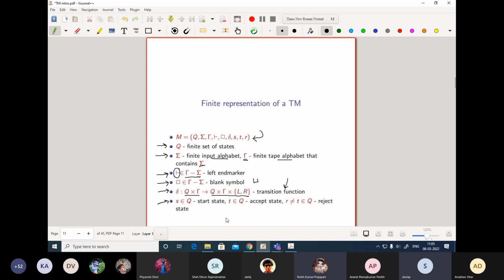And finally, you specify 3 states from Q. The first is a start state, the second is an accept state, and the third is a reject state. So the accept and reject states are 2 separate states. Either of them could be S, but T cannot be equal to R. And we specify them as accept and reject states. I will be coming to what it means to accept and reject.